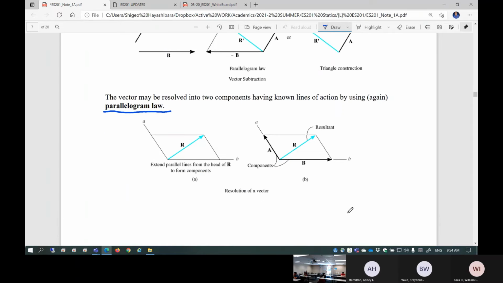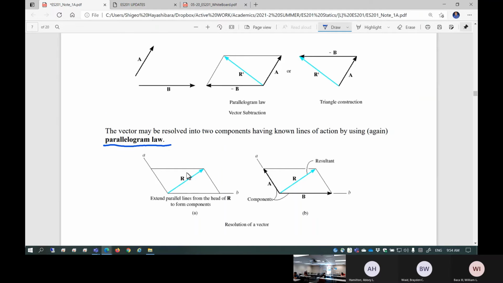Here we go. Also, another thing, suppose a single vector is given in a space, any space. This is a two-dimensional space. I want to have components of this vector in certain directions. Let's say you're going to define a direction A. You're going to define direction B. May not necessarily be a 90 degree right angle.